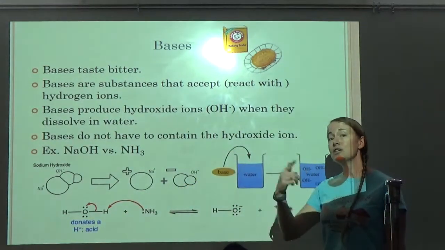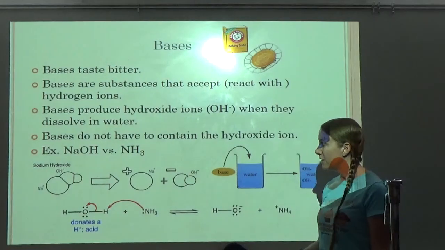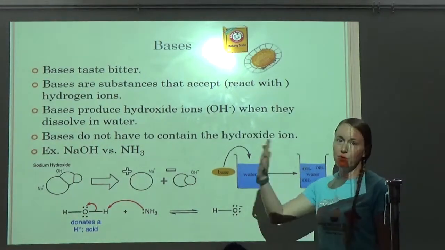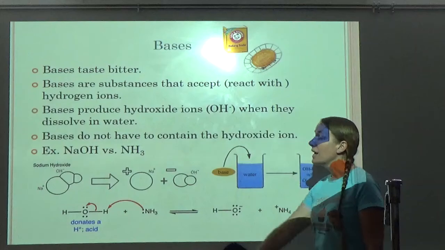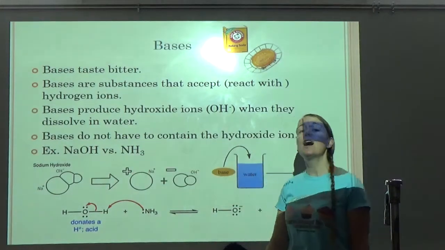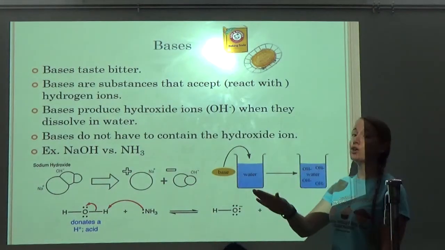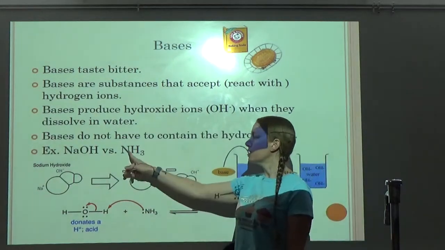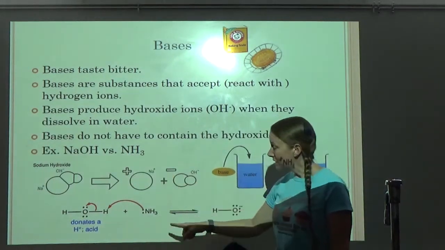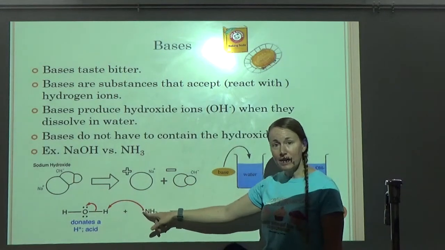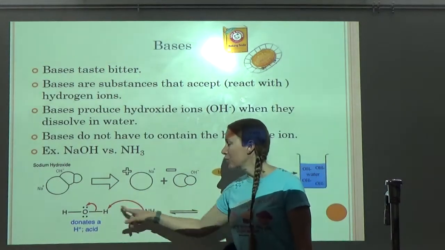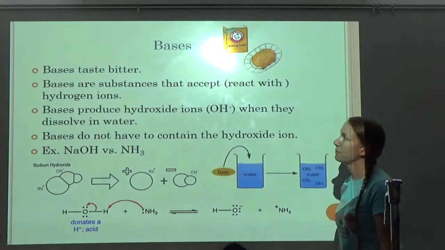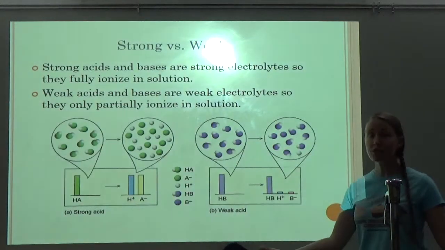So see, it's still producing OH negative, it's just not coming off of the NH3. Okay, and NH3 is our most common weak base. There are many other weak bases, but that's our most common one. Lots of weak bases also contain nitrogen, because nitrogen has that lone pair of electrons that can then react with the hydrogen from water. So, strong versus weak.